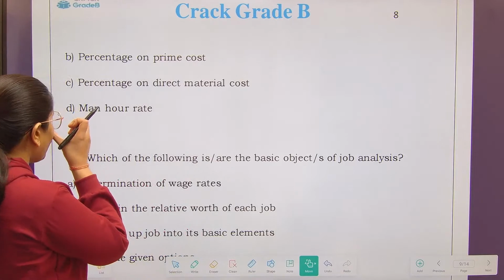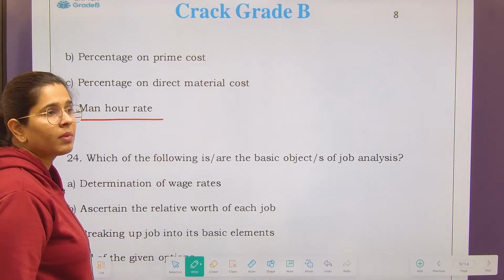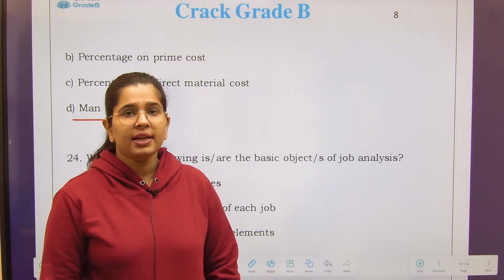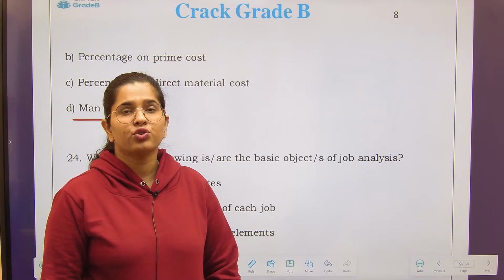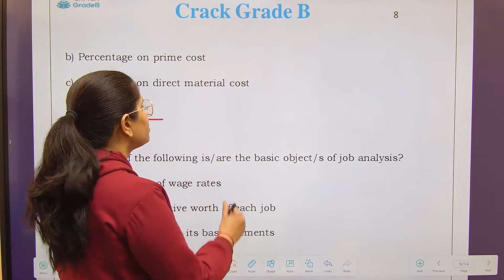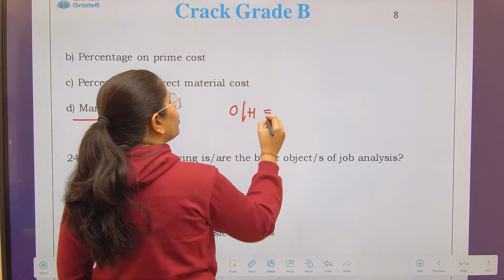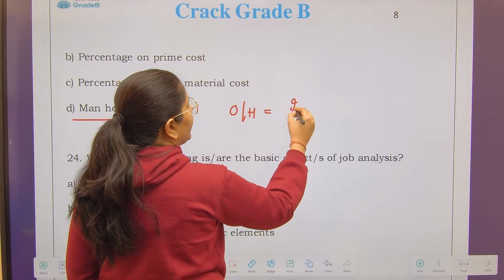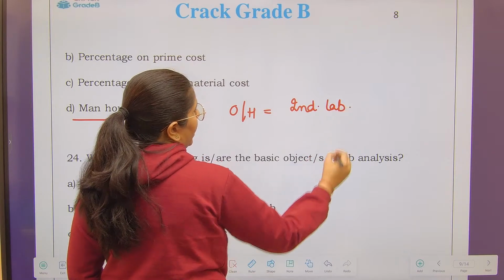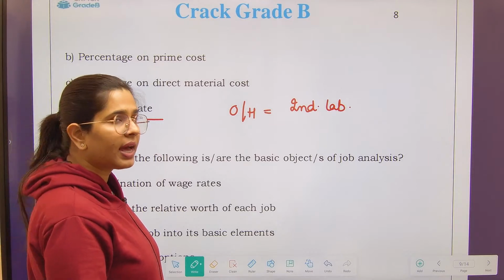If there is more labor in your production line, then in that particular scenario you should be using the man hour rate. That means suppose the overheads have been incurred due to usage of more indirect labor.